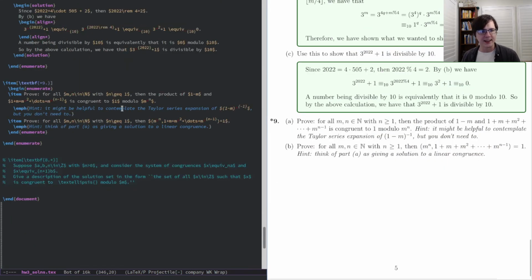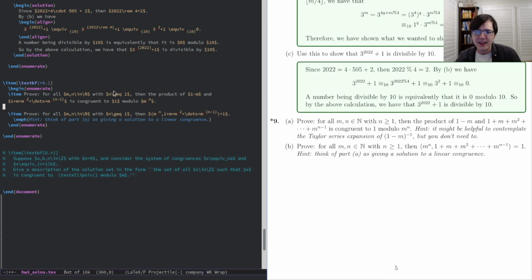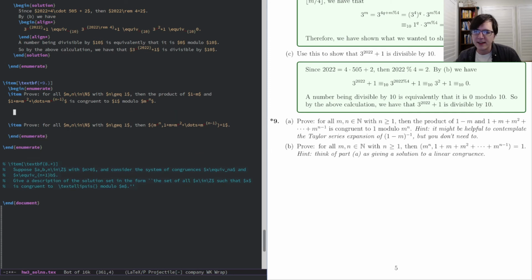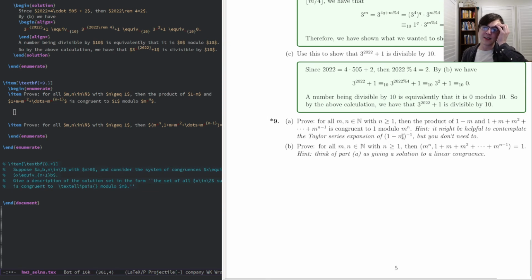Okay, we're finally in the home stretch. So there's this hint. You can read it if you want. So for this, prove for all m and n with n greater than or equal to 1, the product of 1 minus m and this other thing is congruent to 1 modulo m to the n. Because the Taylor series expansion of 1 minus m to the minus 1 is the infinite sum version of this polynomial.